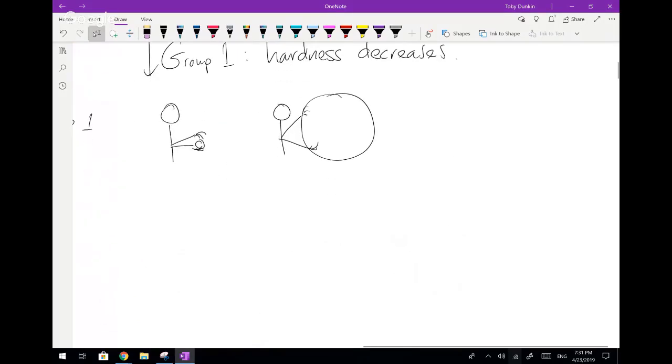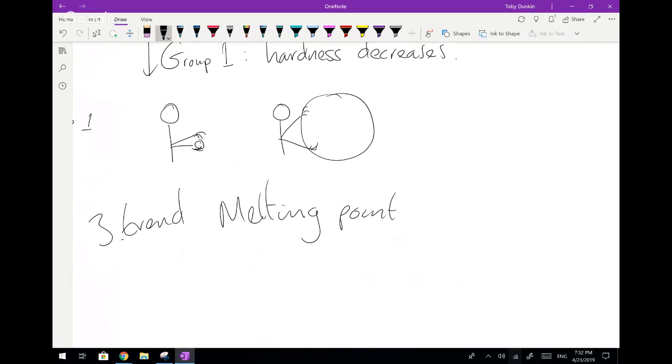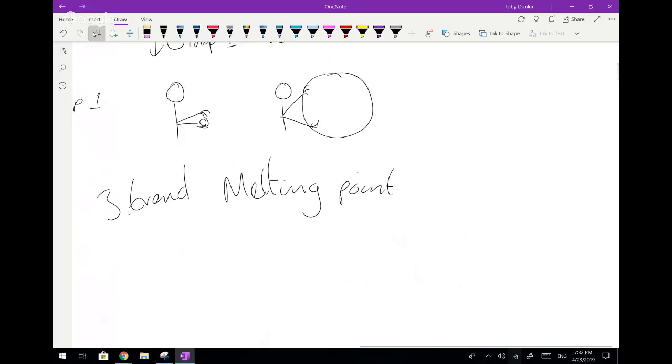This now links, of course, immediately into melting point. So trend number 3, if you wish, would be melting point. And the great thing is you don't really need to remember this because the trend follows hardness. So as you go down group 1, the melting point will decrease.